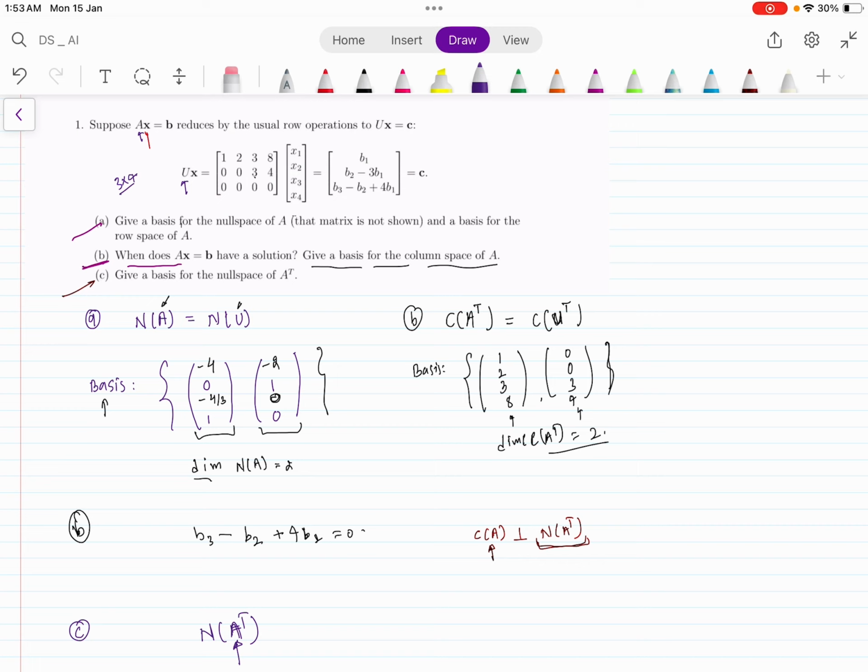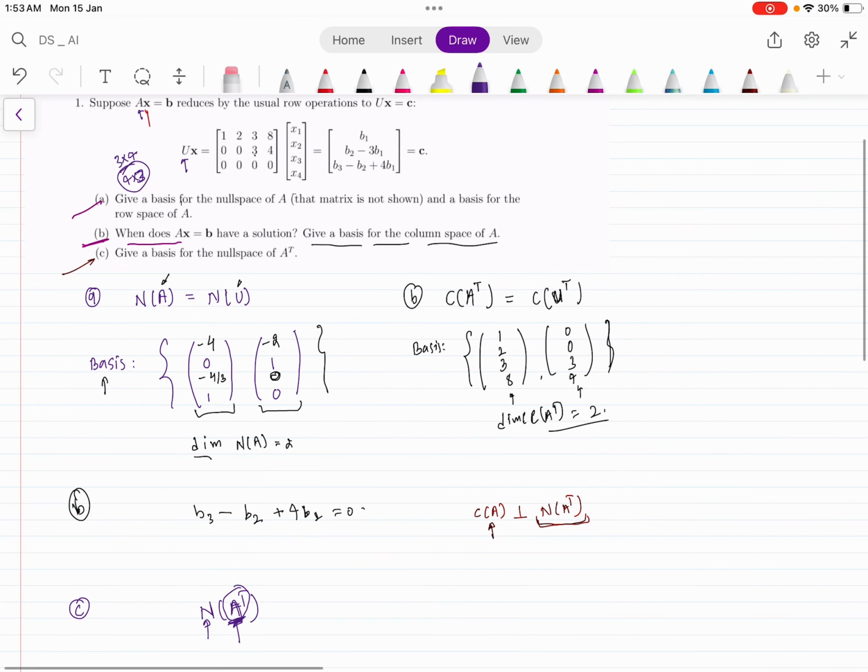When you take the transpose, you will get a 4 by 3 matrix, right? So we are finding the null space of this A transpose. That means what combination will give you a 0 vector, that combination you will have to find for A transpose, right?